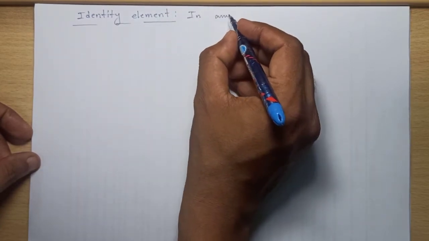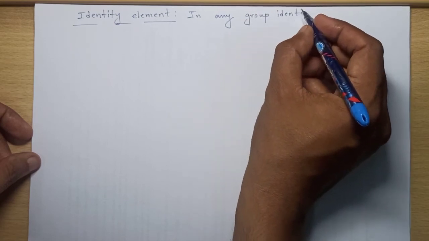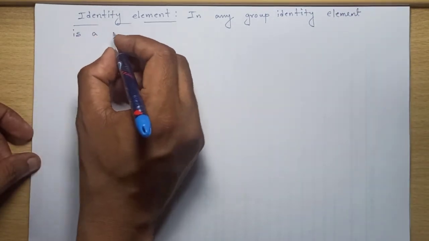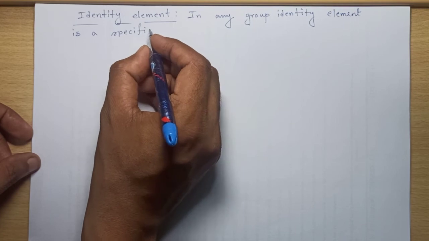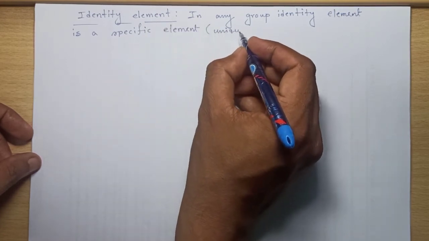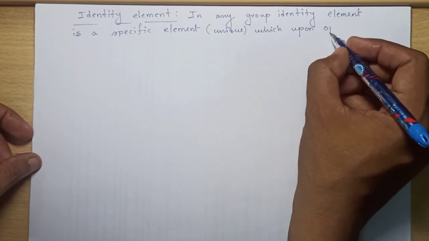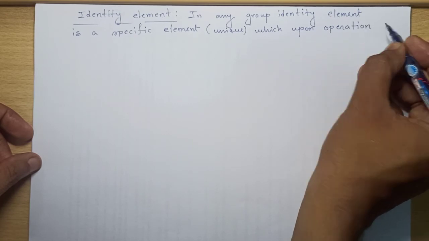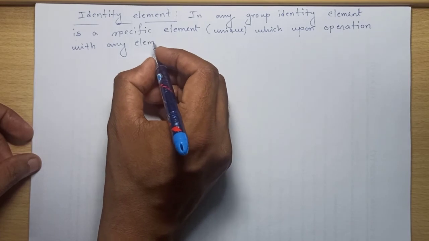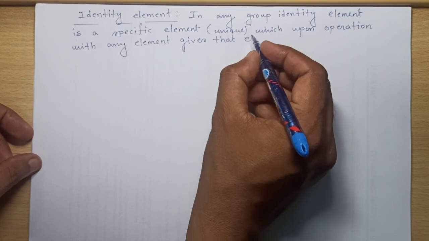In any group, the identity element is a specific element, and it is unique, which upon operation with any element gives that element.